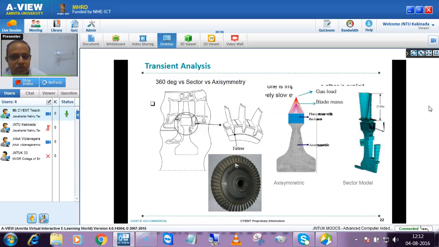Suppose you want to do an analysis related to trade-off, then you need to take a different one. When you want to see results in the blade, then this option cannot be used, because here we are simulating the blade using a simple mass, not a full blade model. Here we are applying gas pressure load, cyclic load and mass load.